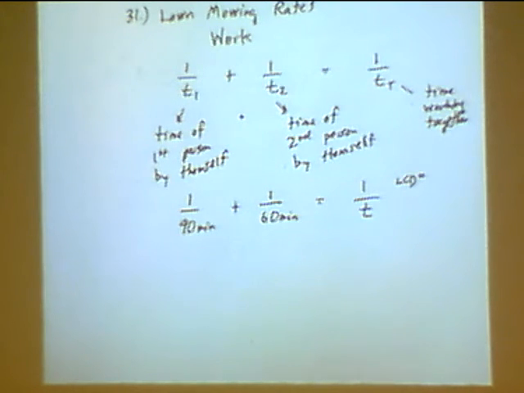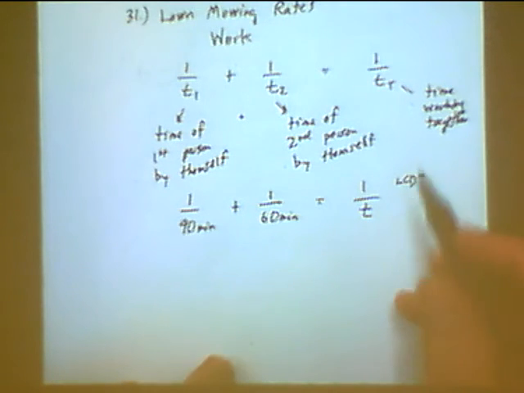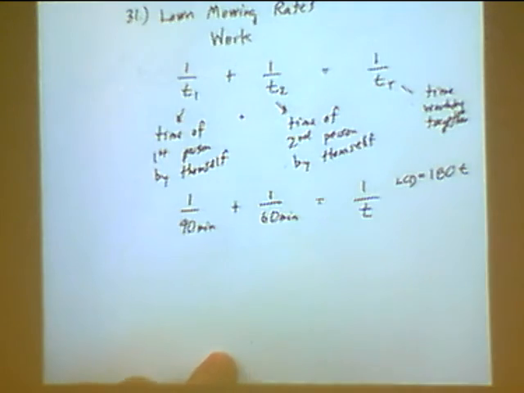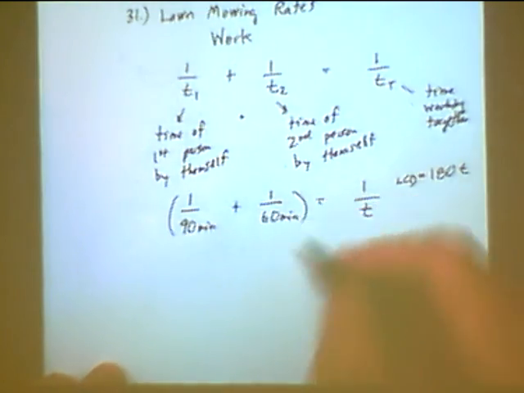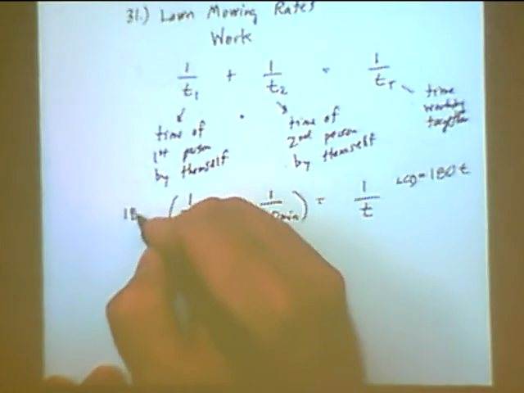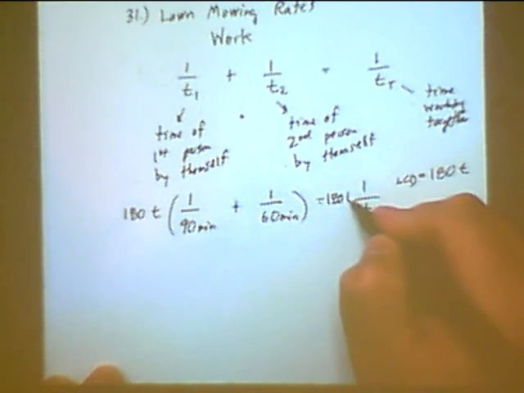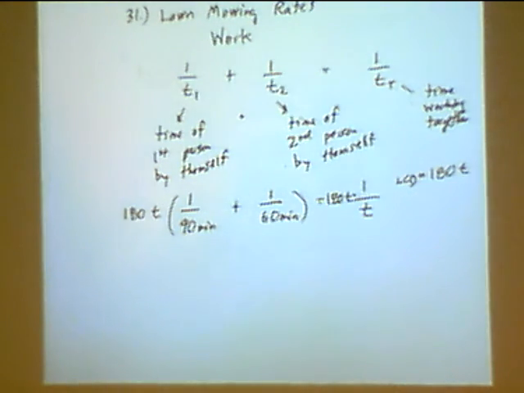I think if I can find the lowest common denominator of 90 and 60, it's going to be 180. And here's my T, so actually it's 180T. And I'm now going to multiply both sides of the equation by 180T. And that's what you do to clear fractions. You find the LCD and multiply both sides by that LCD.